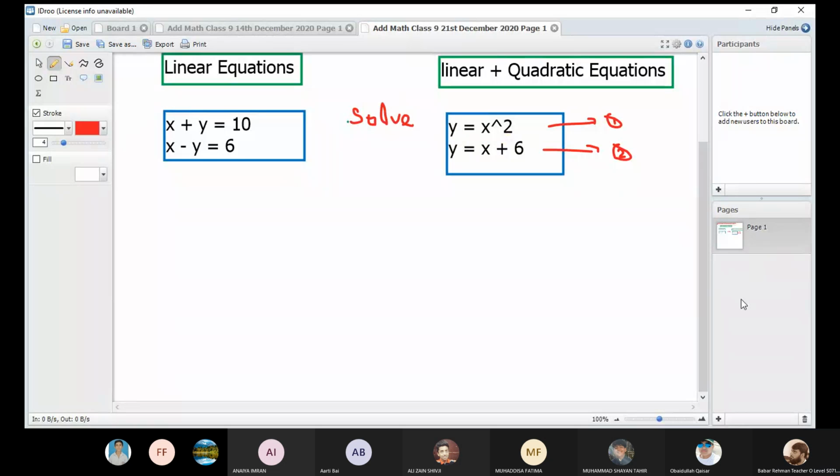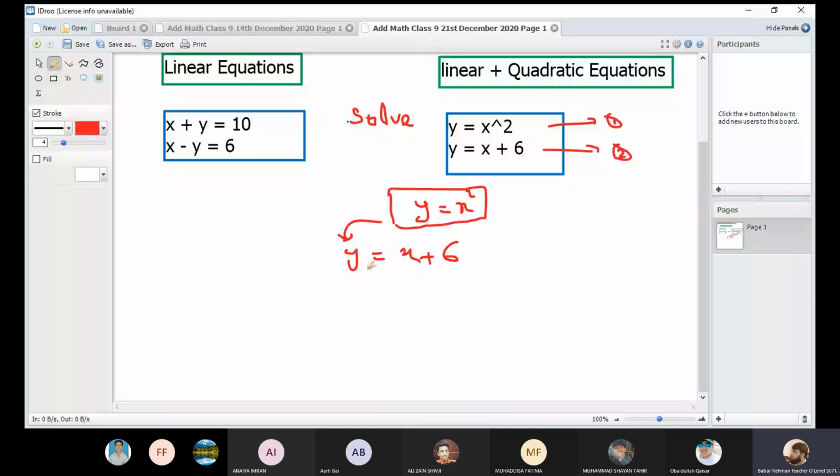And now, what should I do? The value of y is x square and y is equal to x plus 6. So what we will do? We will substitute this equation, which is called equation number 1, in this equation.